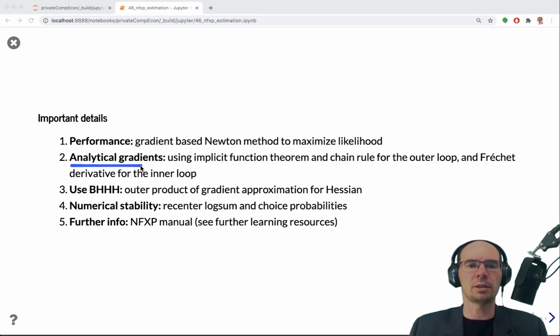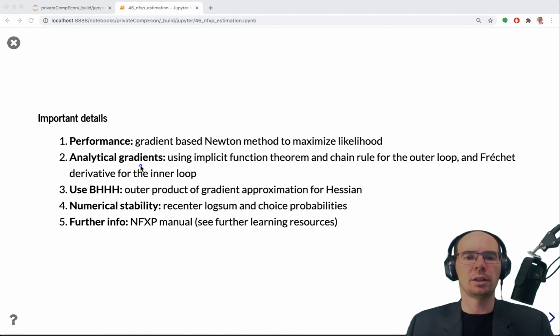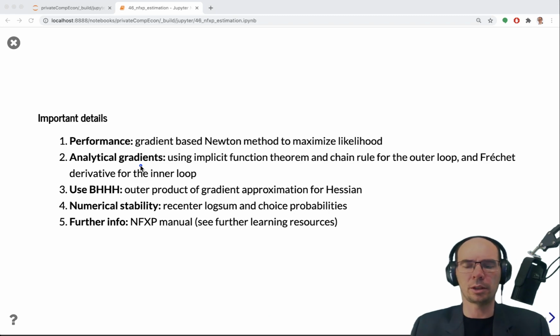To do that, we need analytical gradients, right? The analytical gradients means that we can write down some formulas on a piece of paper in order to have a precise set of instructions to calculate the gradient of the likelihood function without having to solve any equations numerically or doing any other iterations numerically. It should be all in one go, like the EGM method.